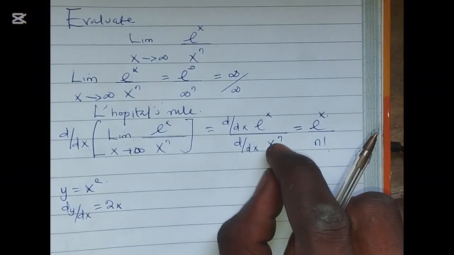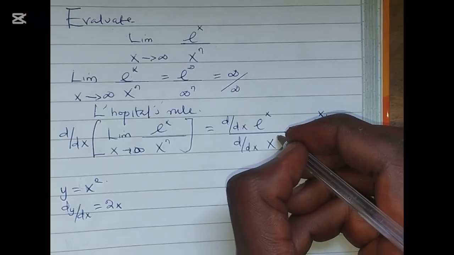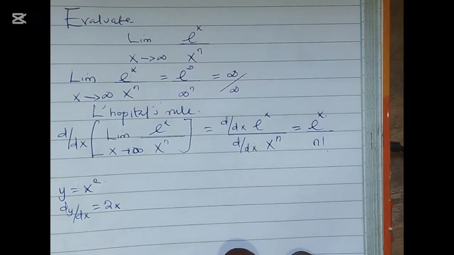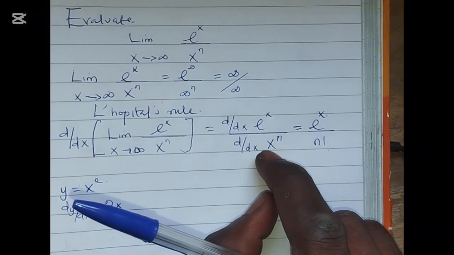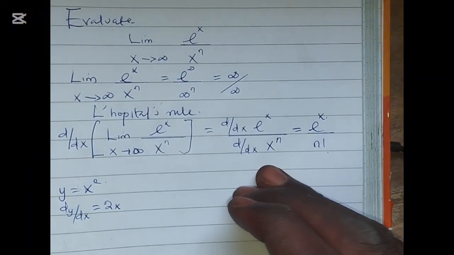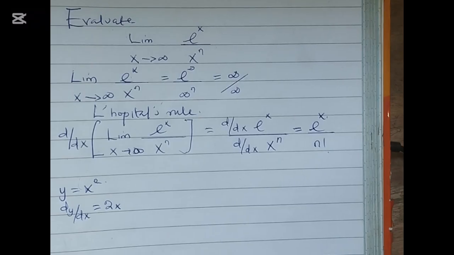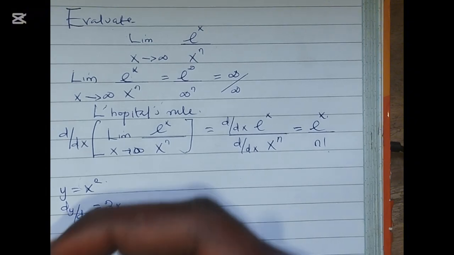Here we have a power that we don't even know what it stands for. It is n here, so in that case we will be asked to find not the second derivative but the nth derivative of this function. To find the nth derivative of any function, all you have to do is find its first derivative, second, maybe third or fourth. Why? Because you need a pattern that tells you what to do and how to find its nth derivative.